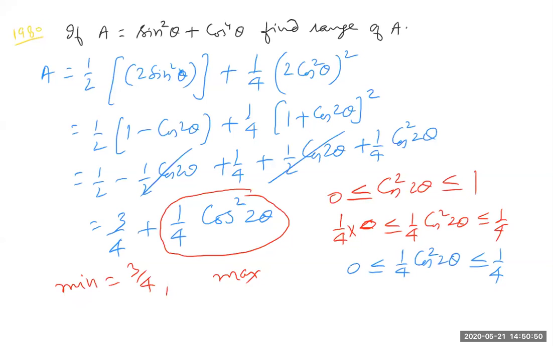In this you can add 3 upon 4. So this will lie between 3 upon 4 to 1. So answer will be 3 upon 4 to 1.